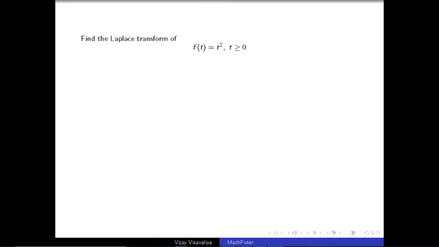Now the next example, we have given the function f of t is equal to t square. The same condition holds for all the examples: t greater than or equal to 0. So the function f of t equal to t square. Now we are not going to plot each curve, right?